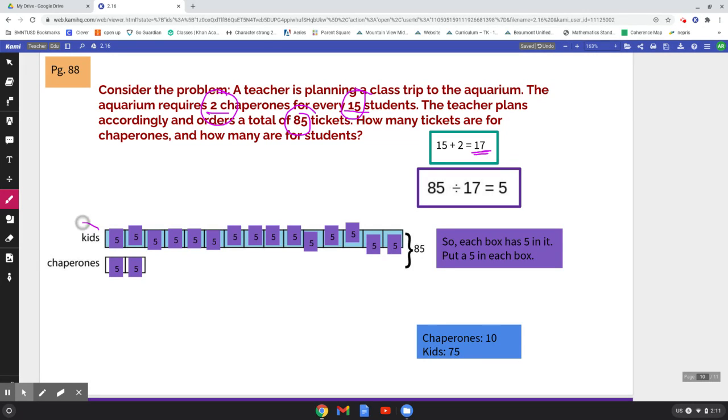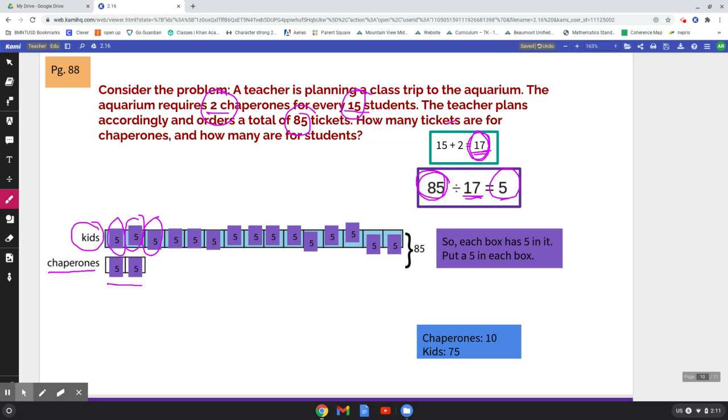Now, right here, if you look at the kids, there are 15 boxes. If you look at the chaperones, there are 2 boxes, right? So now what you do is if you take the total, 85, and you divide it by the total number of boxes, you'll get an answer of 5. So what that 5 tells me is in every single box, there are 5.